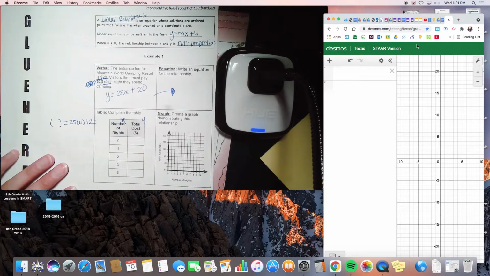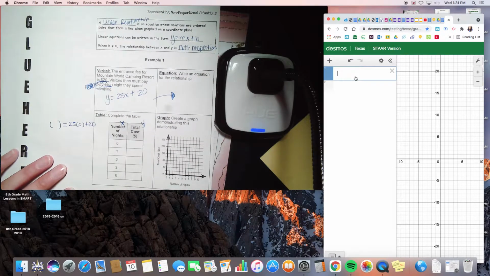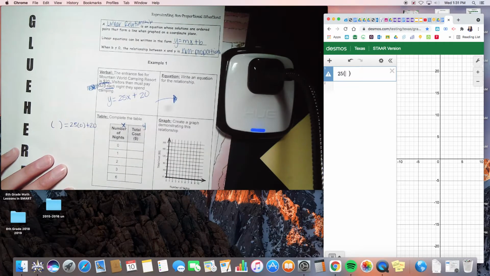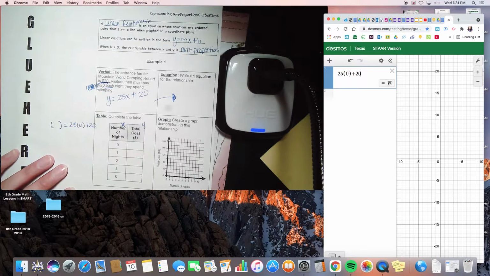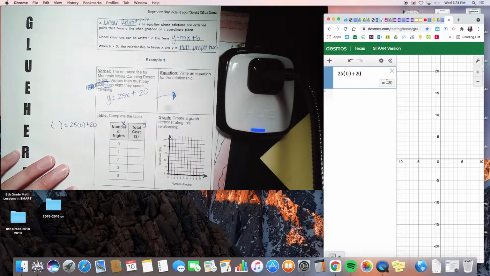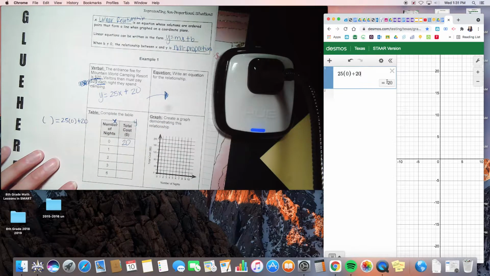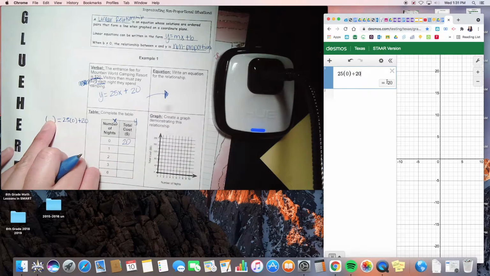Okay? And I'm just going to go on Desmos and do that. So I have 25, and then I put parentheses 0 plus 20 is going to give me 20. Okay? So 20 would be the y value.